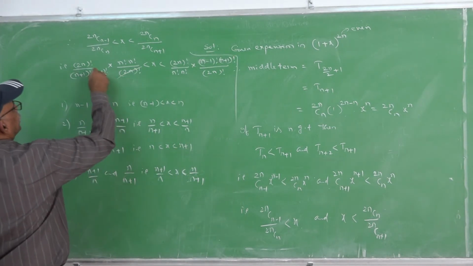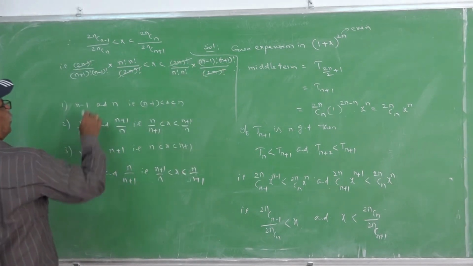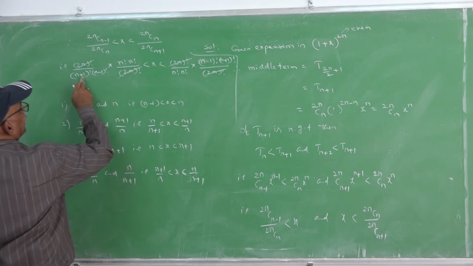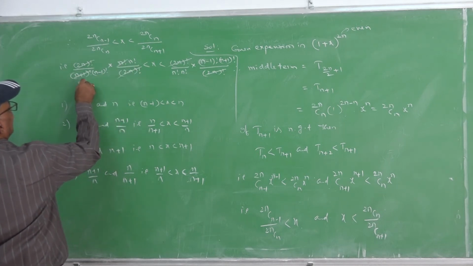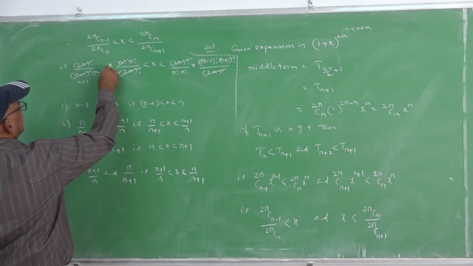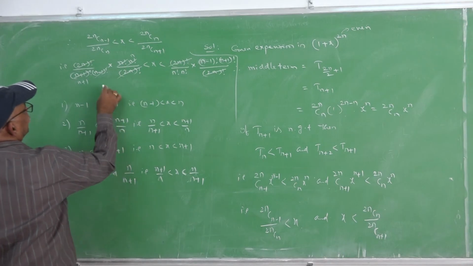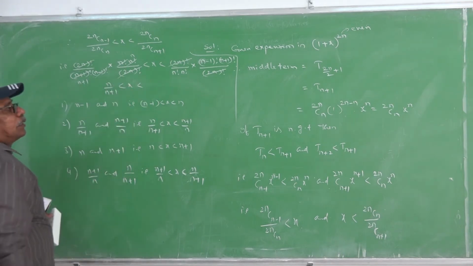Now you can remove this one here. Out of n factorial, you can cancel n factorial from this, n plus 1 times. Out of n factorial, you can cancel this n times. So n by n plus 1 is less than x is less than.